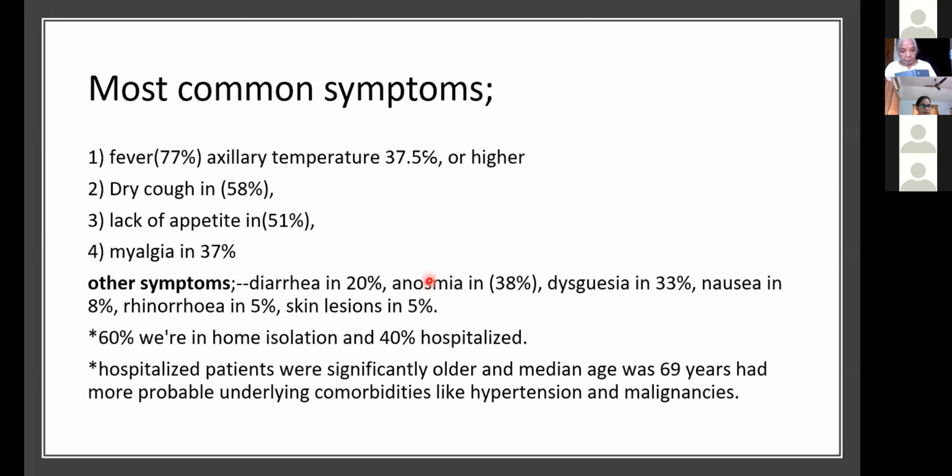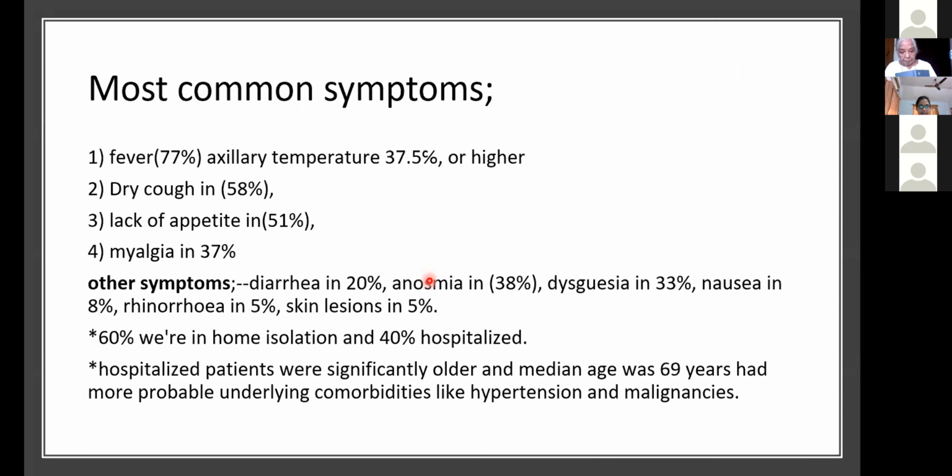Most of the symptoms included fever, dry cough, lack of appetite, and myalgia, out of which fever is the most prevalent one. In addition to that, diarrhea, anosmia, dysgeusia, nausea, rhinorrhea, and skin lesions were also seen.